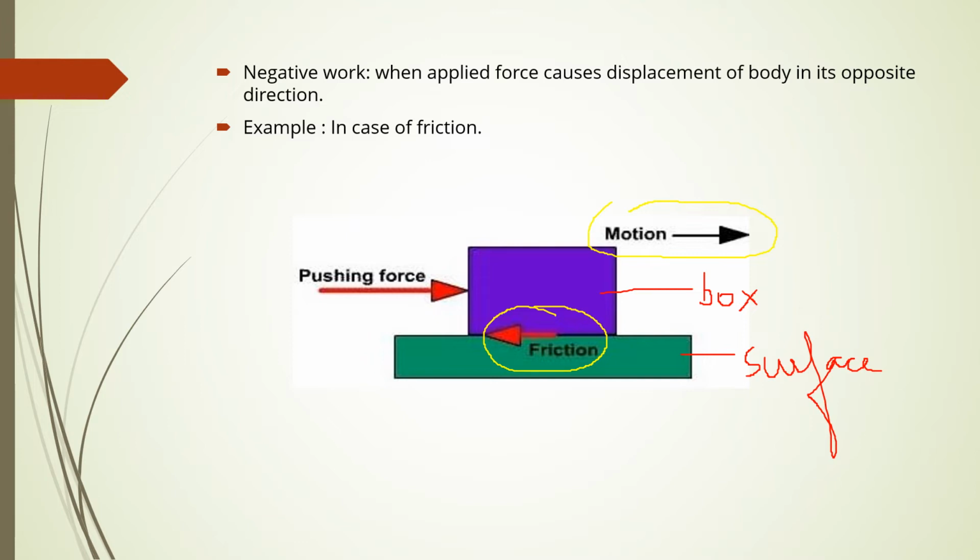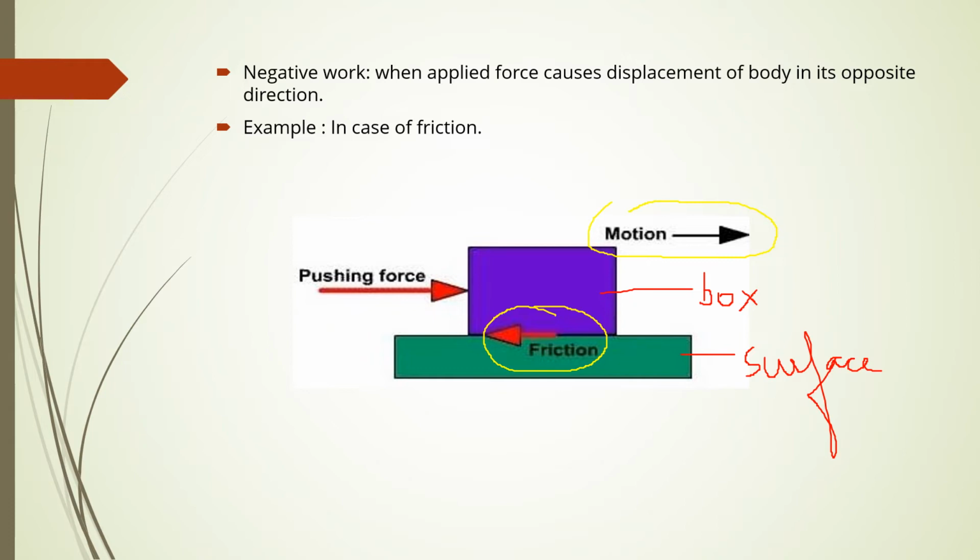So the surface is applying a force, known as friction, on the box, but the box is moving in the opposite direction. You can understand the difference in their direction. The movement is in this direction and the frictional force is acting in the opposite direction. So the work done by this frictional force is negative work.